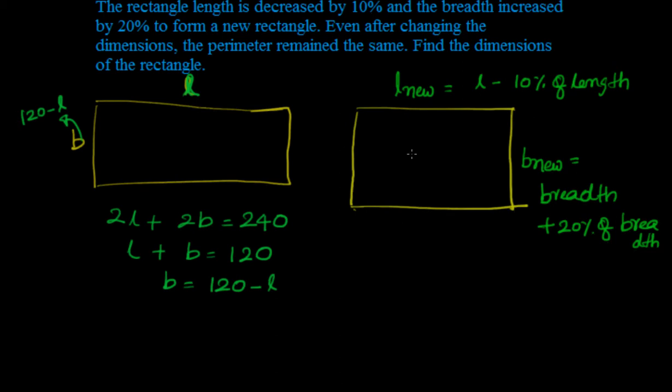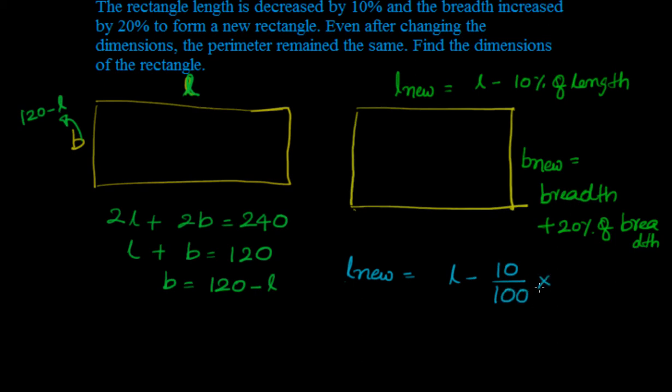Now we will find L new and B new. Once we know them, we will calculate the perimeter and equate it to 240. We should be able to find the value of L, and once we know L, we can easily find the value of breadth also.